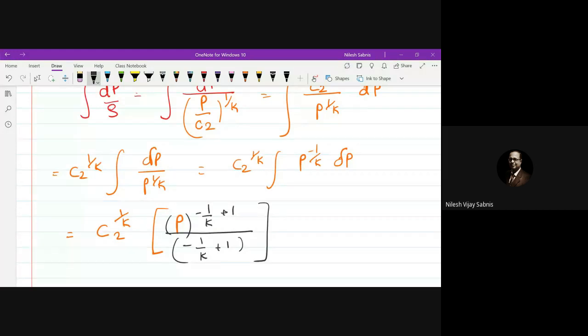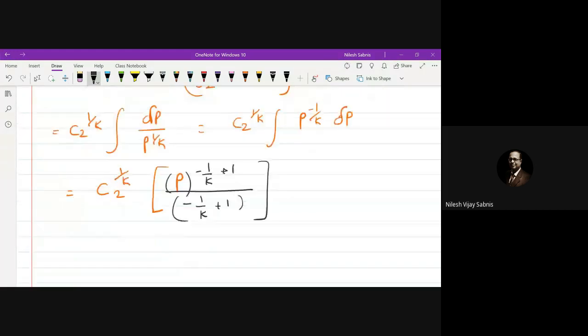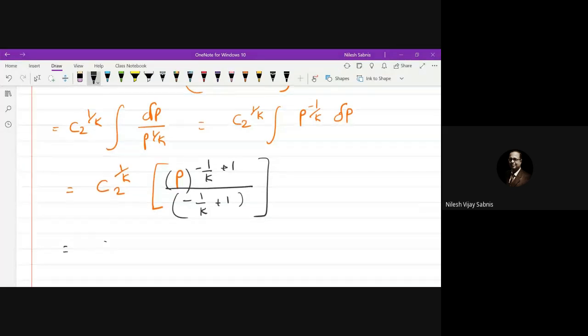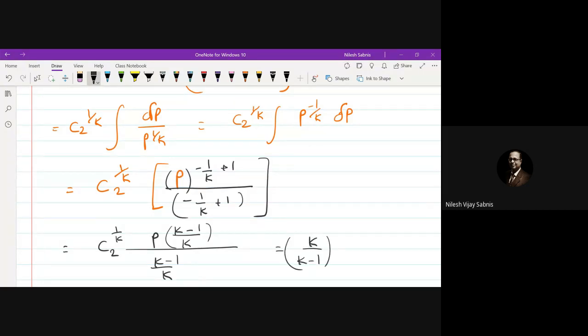So making further simplification, C2 raised to 1 by K into P raised to K minus 1 upon K divided by K minus 1 upon K, which is nothing but K upon K minus 1 into C2 raised to 1 by K into P raised to K minus 1 upon K.